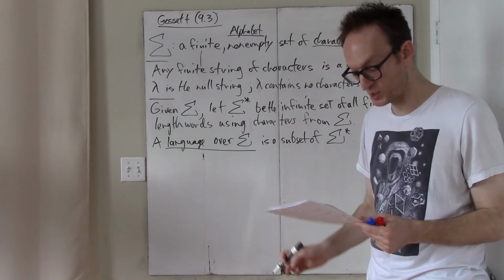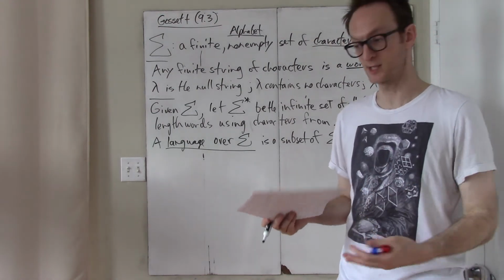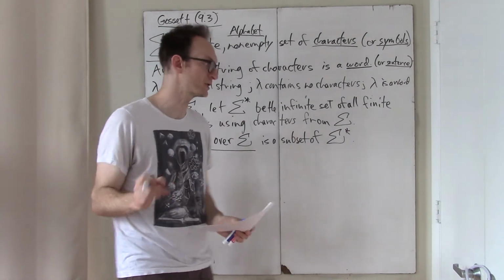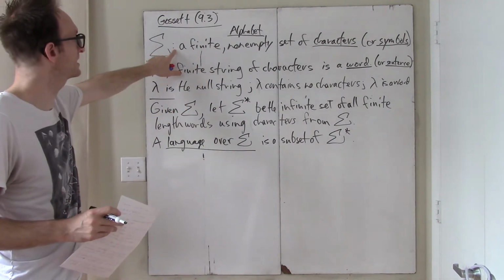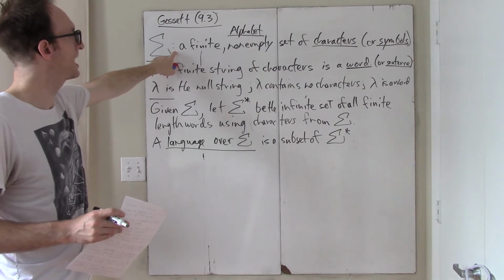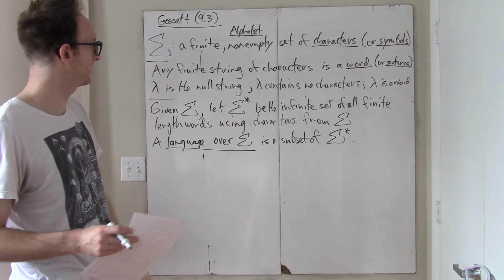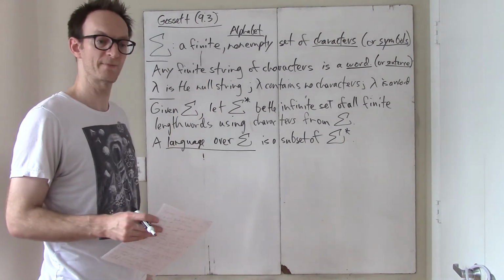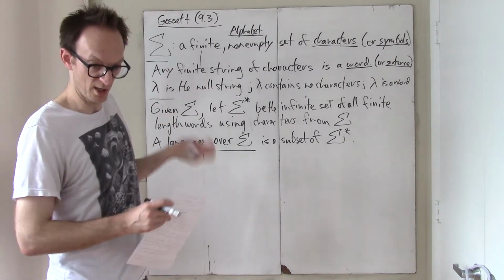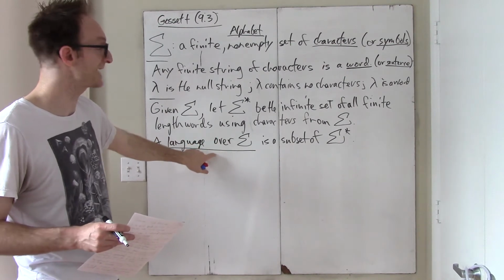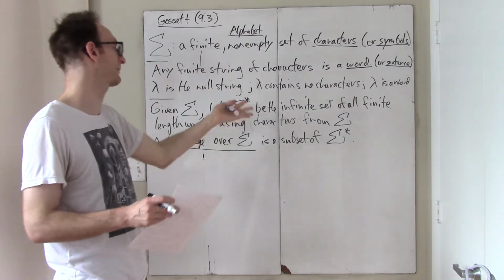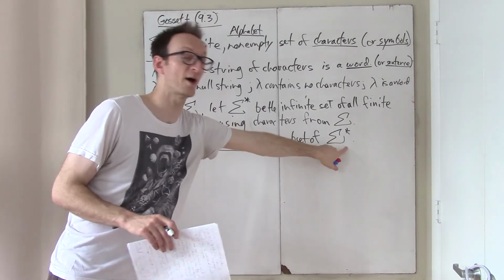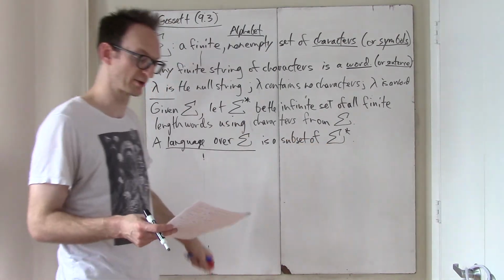So what is a language? A language is just a set of strings, but specifically, strings drawn from some particular character set. You give me some alphabet, and then some set of strings which contain only characters from that alphabet. We call that a language over that alphabet, drawn from the set of all the possible strings you can make using those characters.